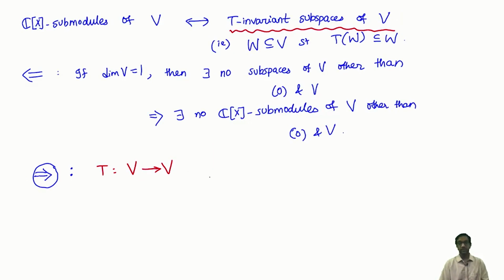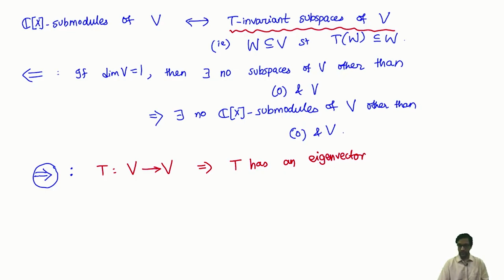Then here's one thing I know: it always has an eigenvector. This just implies that T always has an eigenvalue and an eigenvector. At least one eigenvector is guaranteed to exist.